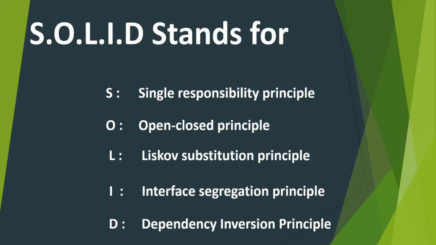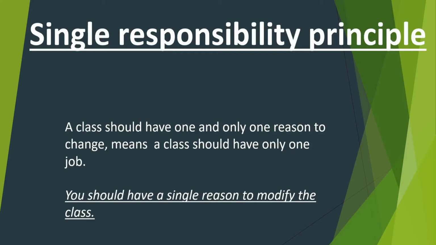Let's start with S, the single responsibility principle. What does it say? It says your class should have only one reason to change. That means a class should have only one job. At any given time you should have only a single reason to modify the class.